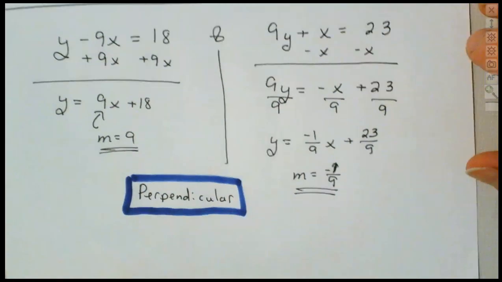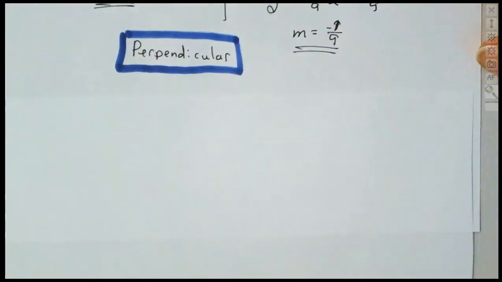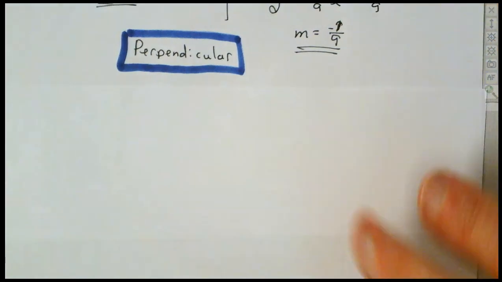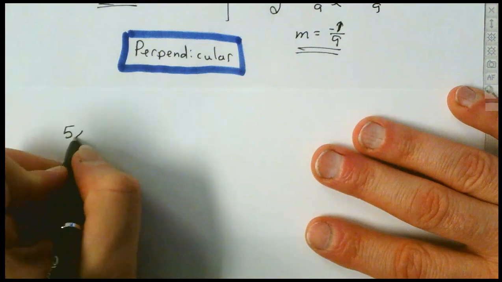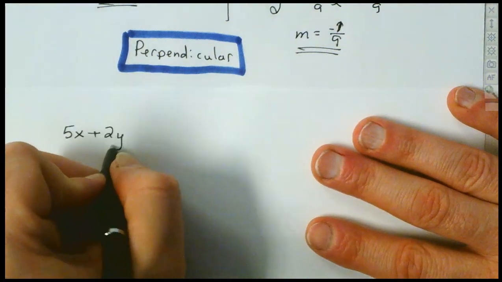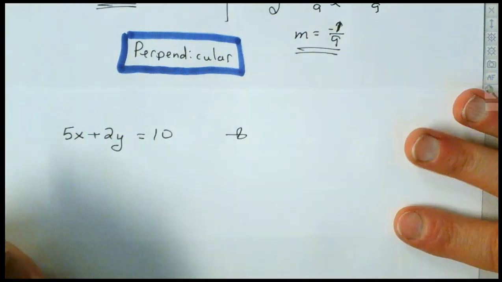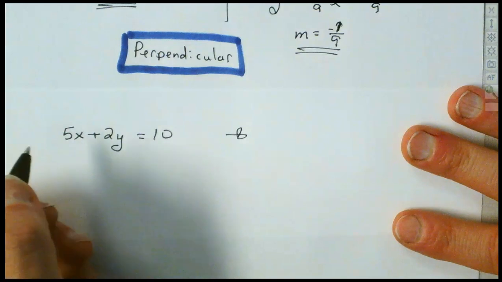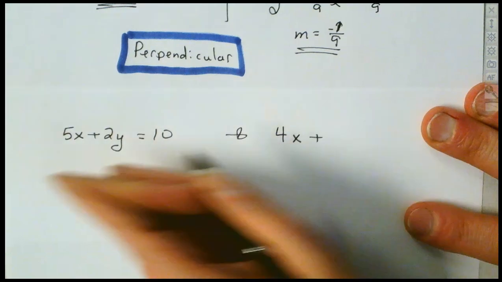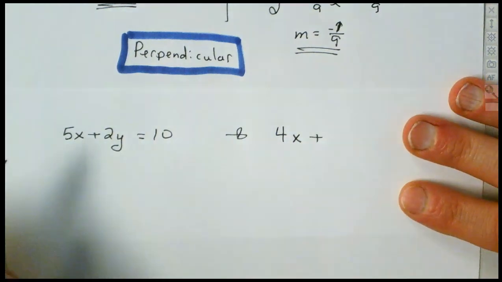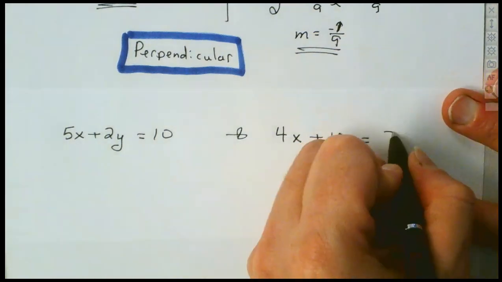I want to do one more that's neither. And I want to show you why this one is neither. Let's see. How about 4x plus 10y equals 3.